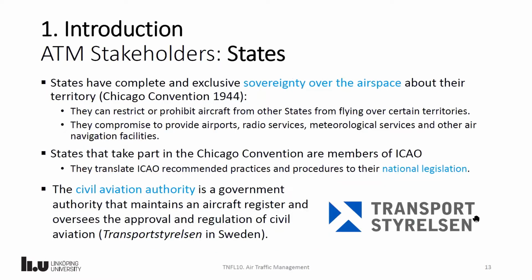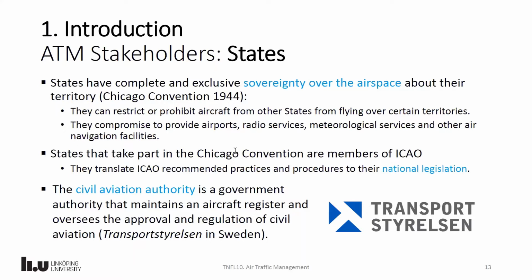So first, let's talk a little bit about the states. The states are a very important player in ATM because states have sovereignty over their airspace. That means that a state can restrict or prohibit aircraft from other states from flying over the territories of the state, and also they are responsible for providing airports, radar services, meteorological services, and every other air navigation service that is necessary to fly over that territory.